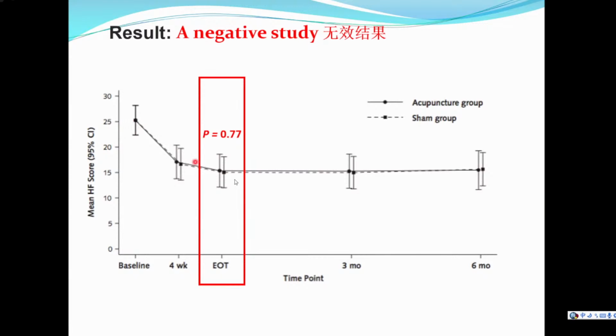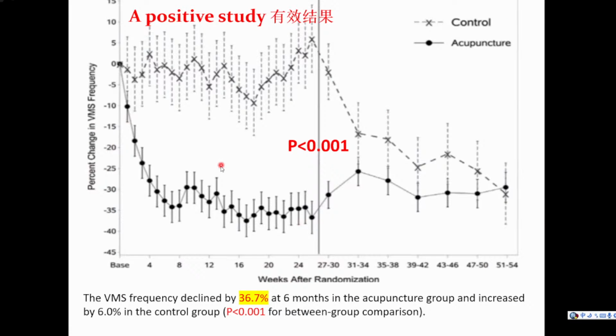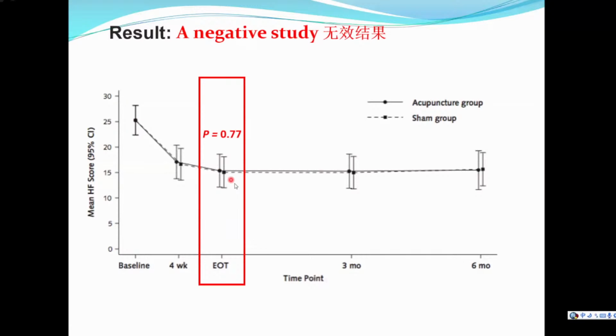It's 40% improvement. If you calculate the percentage, that is 40% more improvement. But why does the conclusion of the study say no effect? Because the sham control also had the same effect. That does not mean acupuncture does not work. It is that the sham control you select works so well.